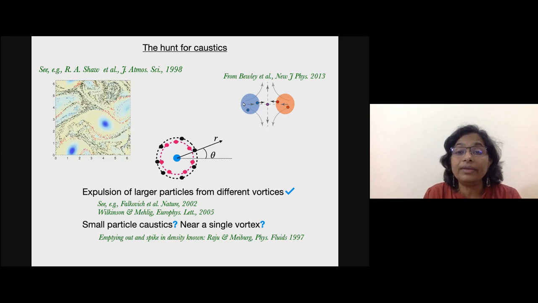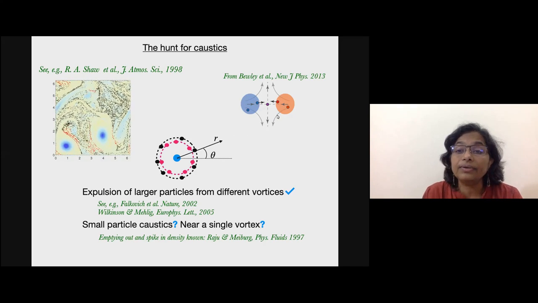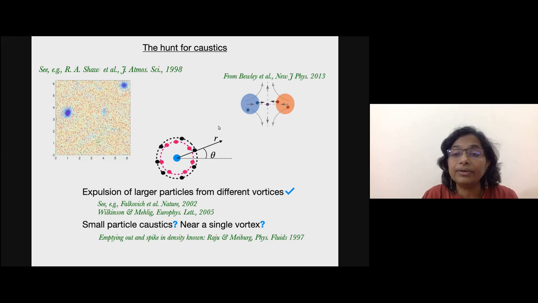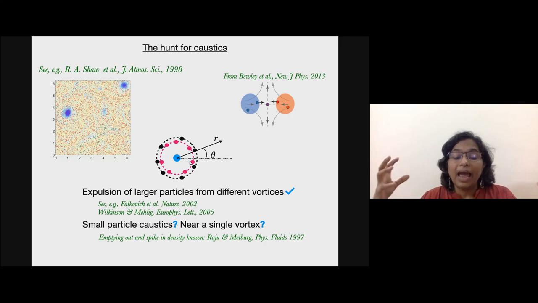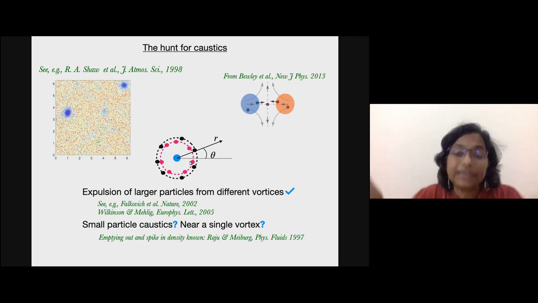Normally when you talk about caustics, you talk about particles coming out of different vortices, whereas we are going to be talking about particles coming out of the exact same vortex. So here's our Lamb-Oseen vortex. Then there is this pink circle of particles and the black circle of particles, and we'll call the situation caustics when the pink circle overtakes the black circle.